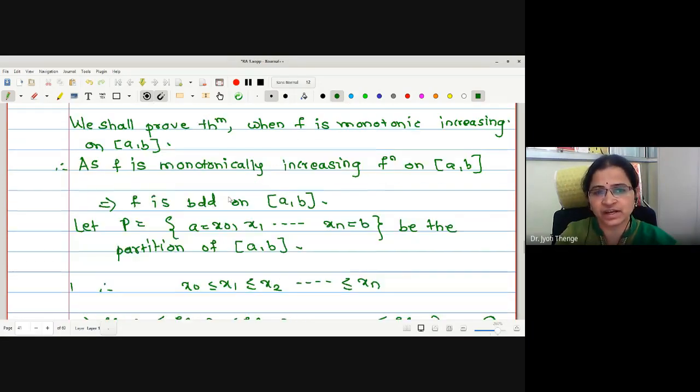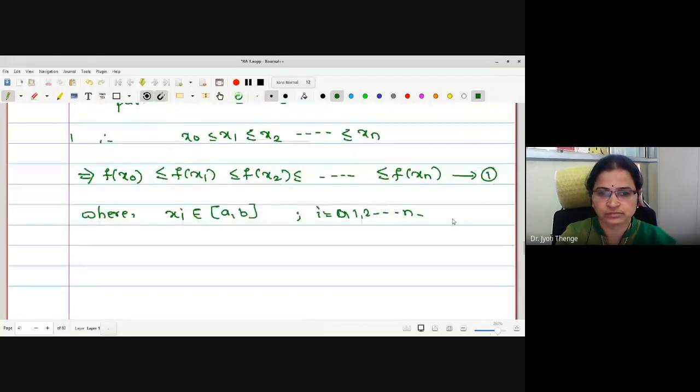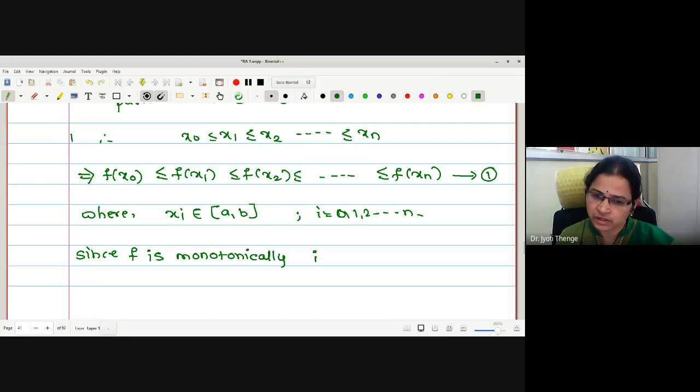Here only I will write, be a partition with norm of p less than delta. I will write since f is monotonically increasing. What is the suprema in the ith subinterval?